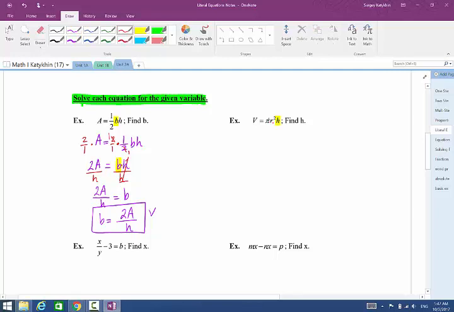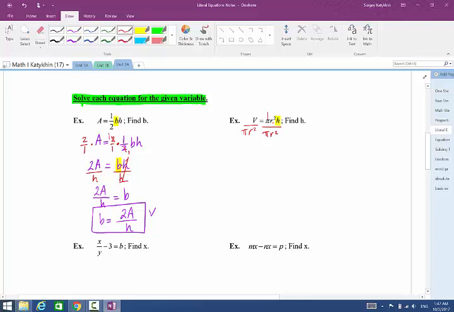Well, the inverse operation of multiplication would be division. Now I can divide by pi on both sides first, then I can divide by r squared on both sides, or I can actually do both of those with the same step. So if I were to divide both sides by pi r squared, now look what happens.